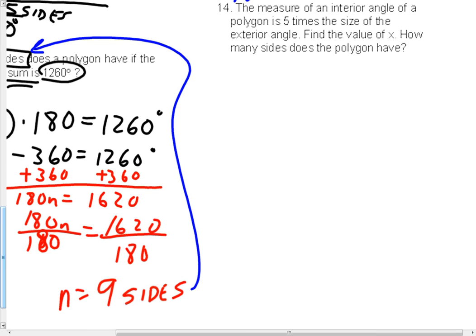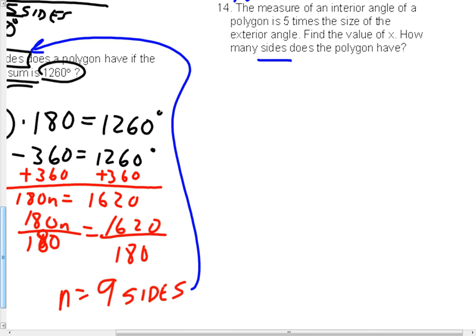Measure of an interior angle of a polygon is 5 times the size of the exterior angle. Find the value of x. How many sides does the polygon have? All right, we can't do this unless one more word is added here.